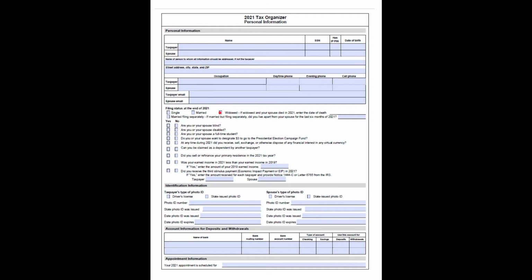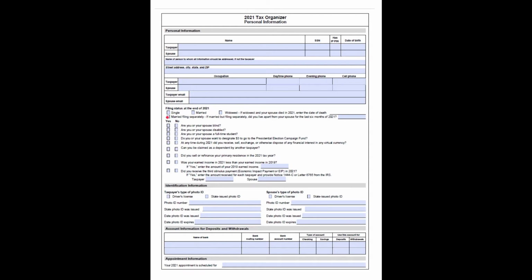And widowed would be if your spouse died prior to the end of the tax year, you're going to check this box. In the rare instances where you do want to file as married filing separately, you're going to check this box. Usually, this is not going to be the most beneficial filing status to choose.